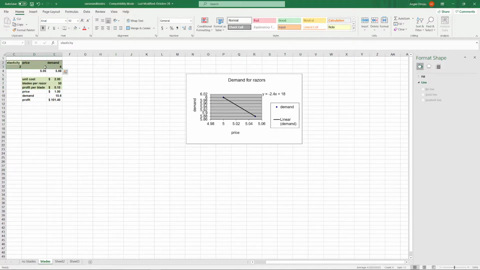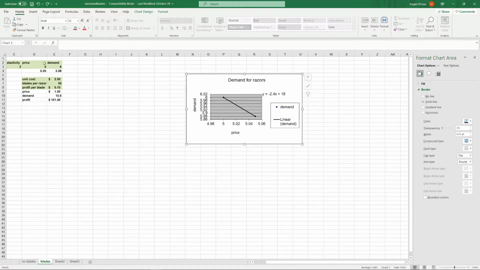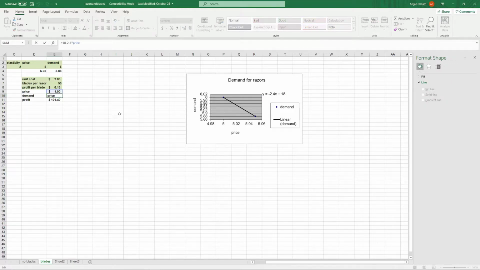So you still need to have, because this is a linear demand, there's 2 points here. Or if it's a different kind of demand, it doesn't matter. You still need to find an equation for your demand. In this case, this is the exact same data, so it's the exact same demand we just found. So that is how you type it here, right? 18 minus 2.4 times the price.